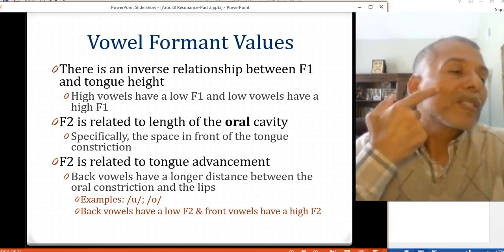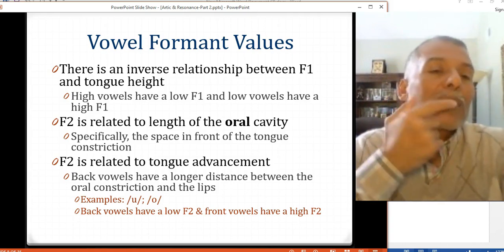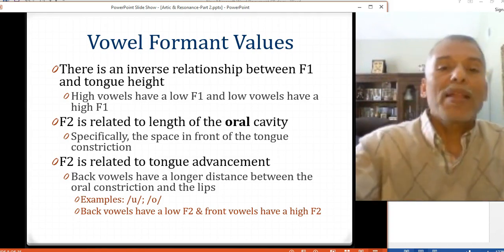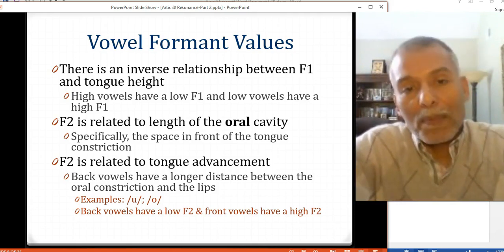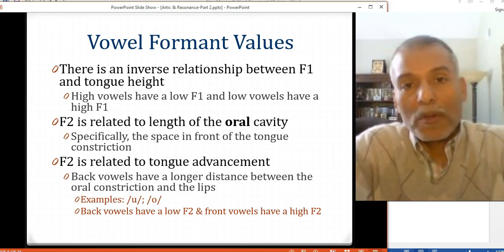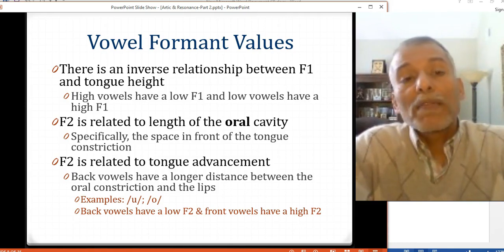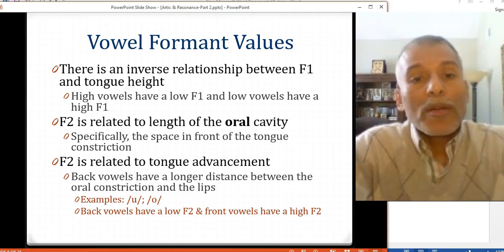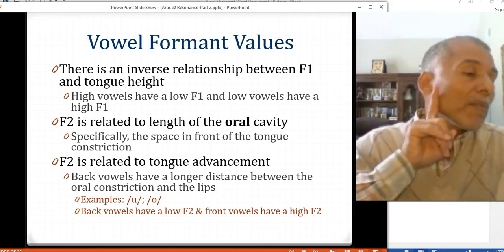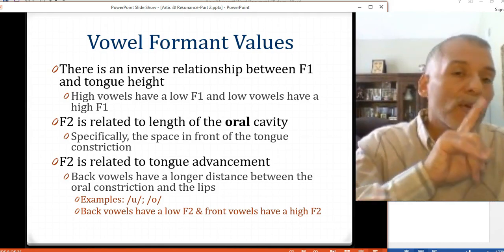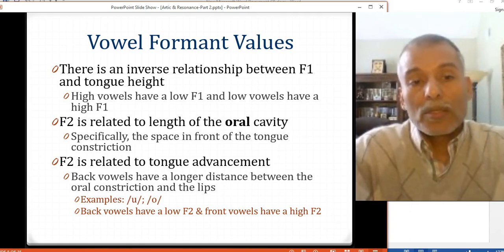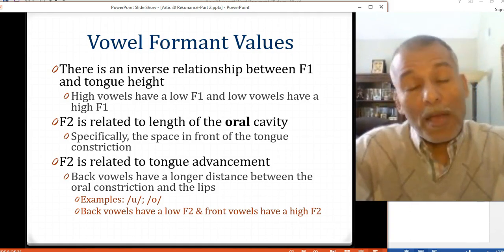Now that tube from the constriction to the lips is tremendous, and that makes F2 different for U. So F2 is related to tongue advancement. Where is the tongue in the oral cavity? Is it back? Is it in the center? Is it forward, front?